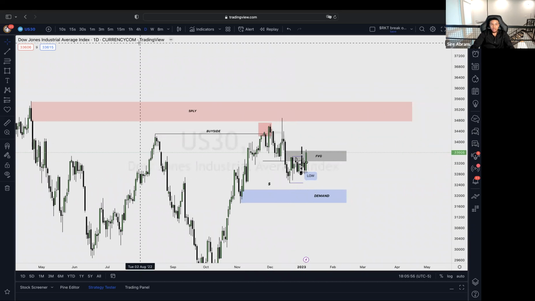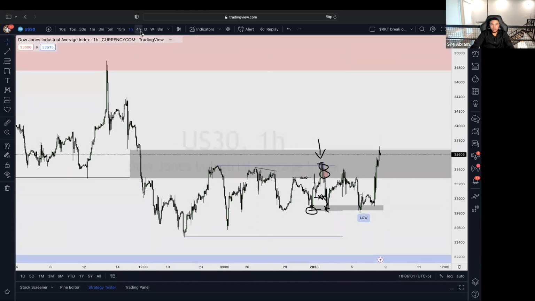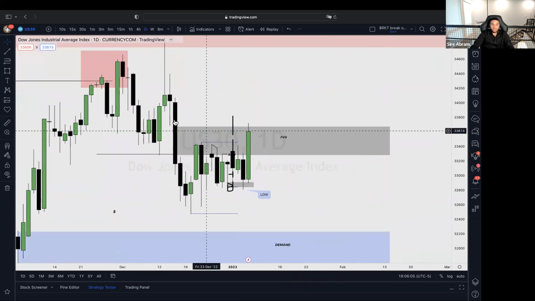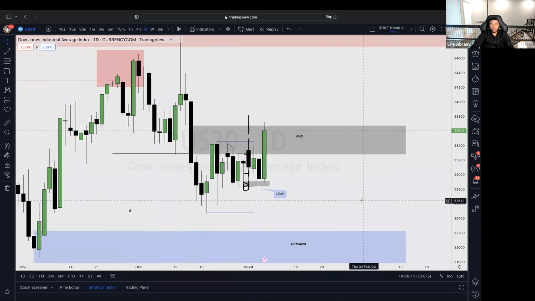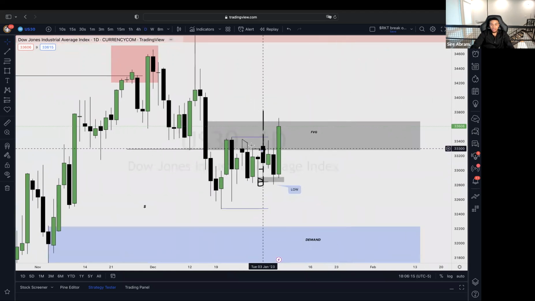As price is selling off, let's go down to a 1 hour time frame. Actually, let's stay here. And what do we see? Huge momentum down. In between here, we have an imbalance, fair value gap between this low and this high. So as price is around this area, I'm looking for potential sells.